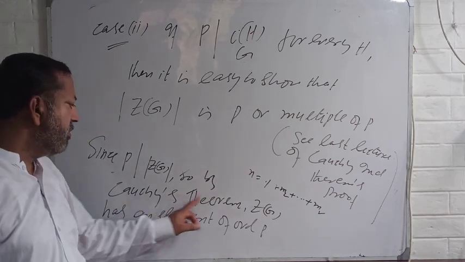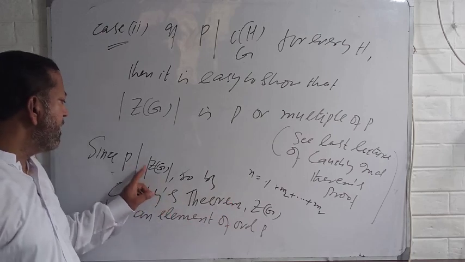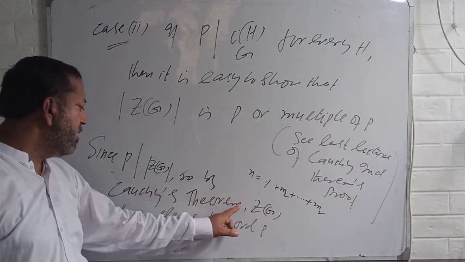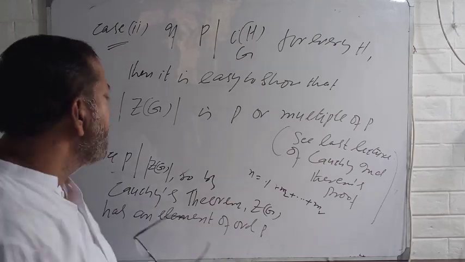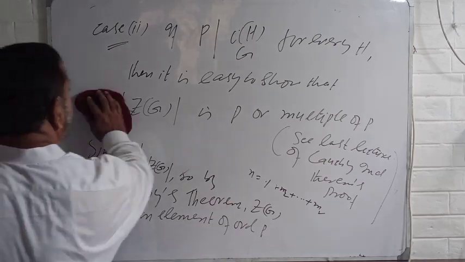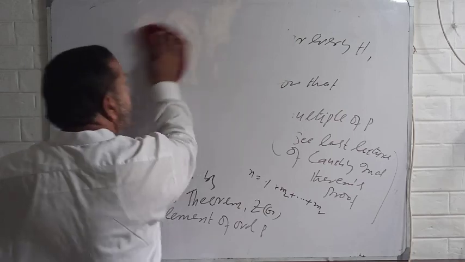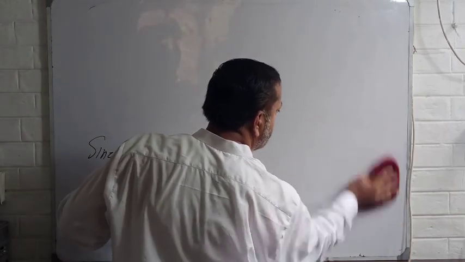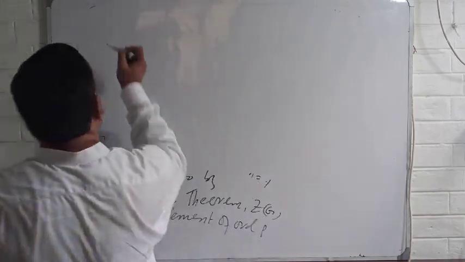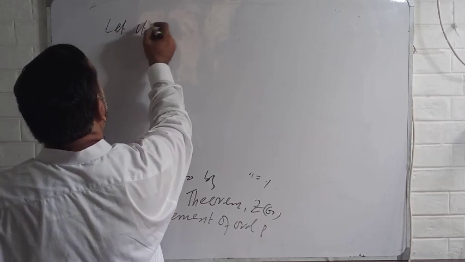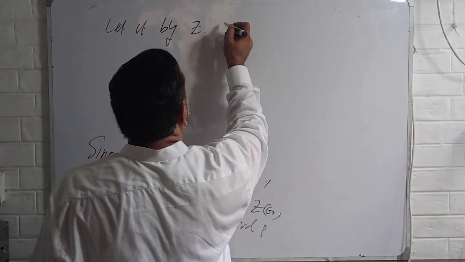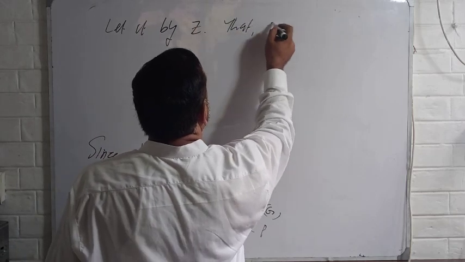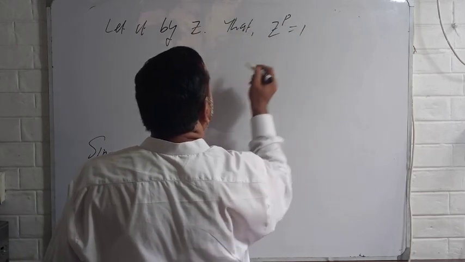So by Cauchy's theorem, the center of G has an element of order p. Let it be z, that is, z power p is equal to 1.